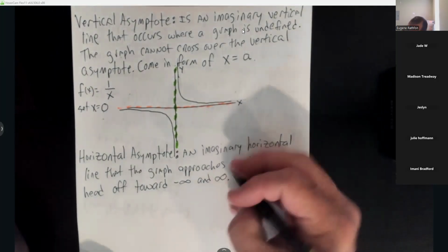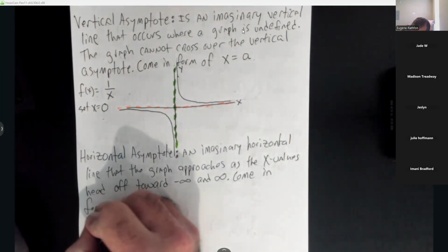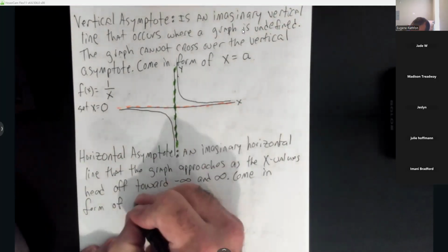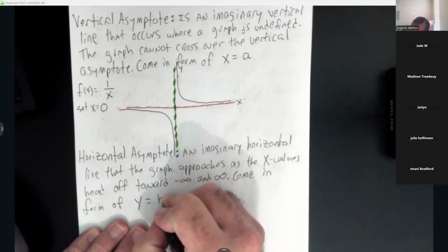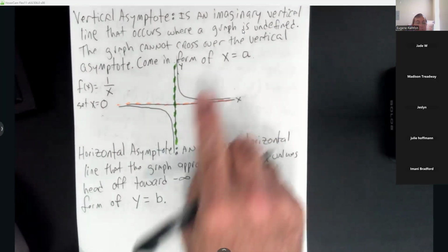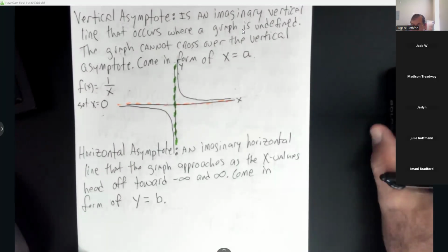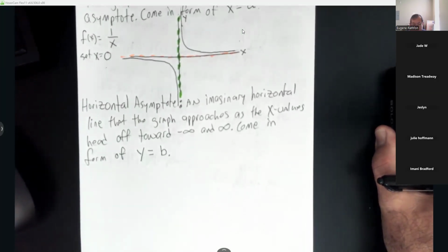Now, these come in the form of, now since they're horizontal lines, they're going to be y equals some number. So the vertical asymptotes are x's, horizontal asymptotes are the y values, okay? So now here's the thing on the horizontal asymptotes.